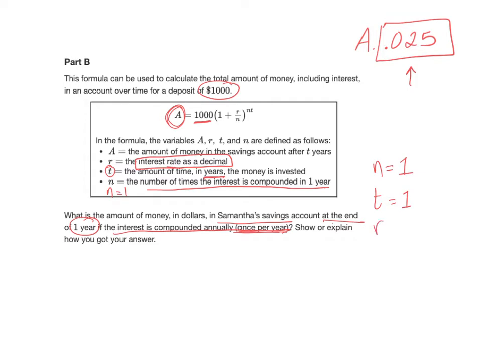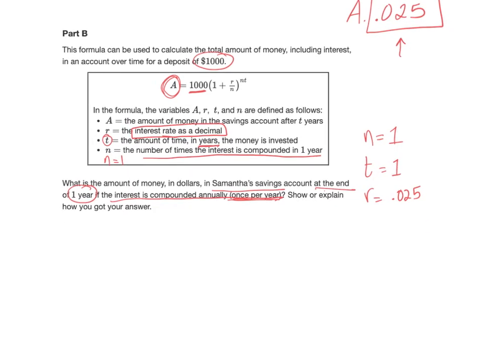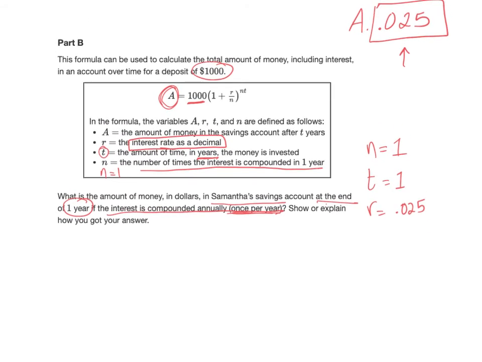R is our 0.025, which came from part A. And of course, A is just what we get when we calculate everything in. Okay, so what we need to do is substitute these values into this formula.